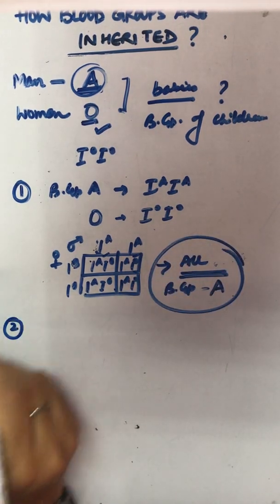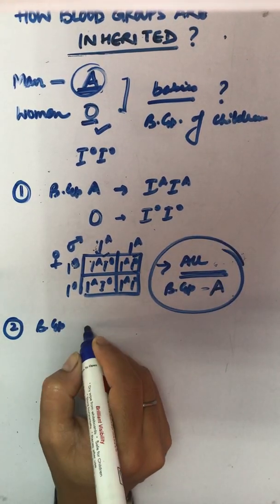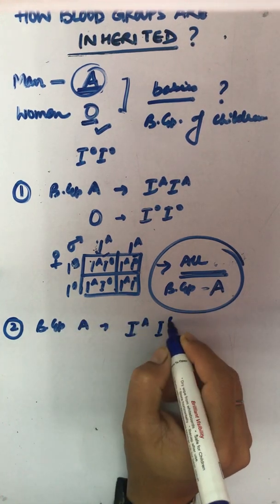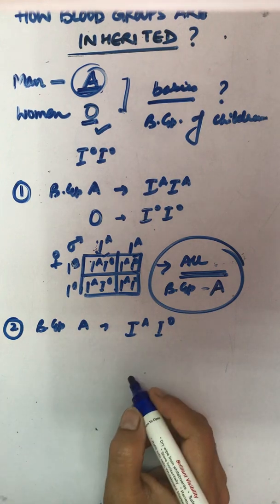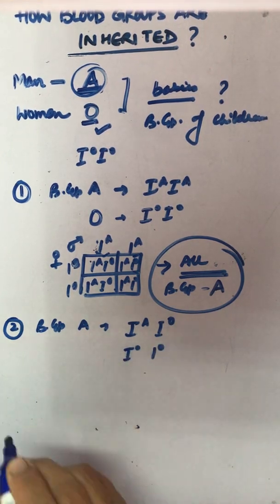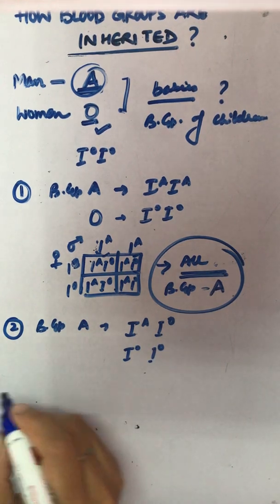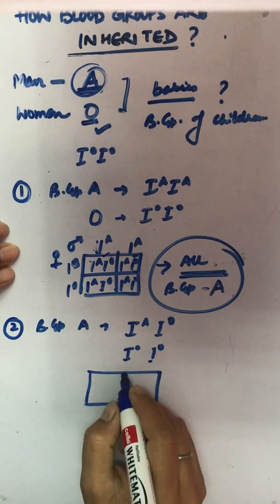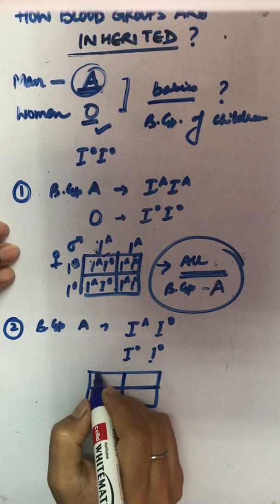But if we take the second example, where blood group A has the genotype IA and IO, and that of the woman is IO, that we know, then in this case there is an equal chance that the genotype would be reflected in this manner.